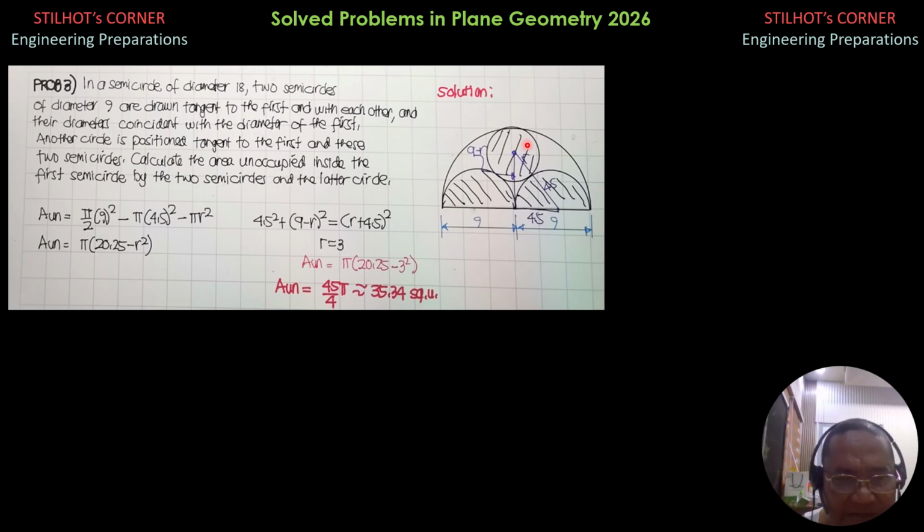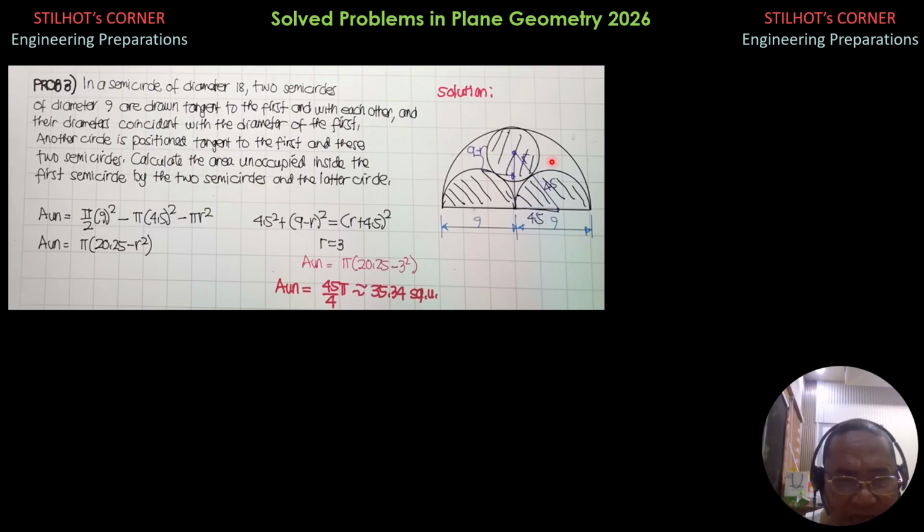So we have this first semicircle, 18 units in diameter, and we have two semicircles of diameter 9 coincident with the diameter of the first semicircle, and another circle is positioned tangent to the first at the topmost point and these two semicircles. Calculate the area unoccupied inside the first semicircle by the two semicircles and the latter circle.